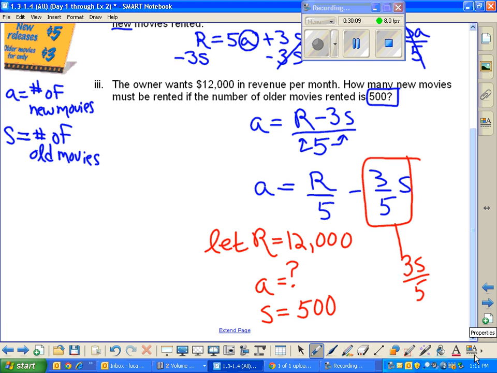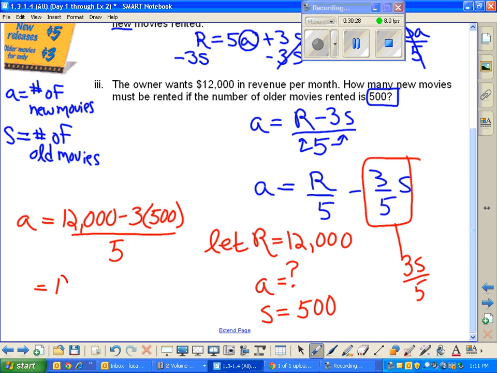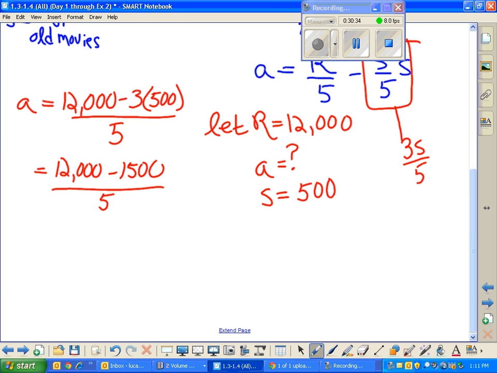Okay, so if you're going to figure out what our number of new movies is, the revenue was 12,000. So I used my property of substitution, and then I subtracted basically 3 times 500, and then you're asked to divide that by 5. So 12,000 minus 1,500 divided by 5 is what you're working out.